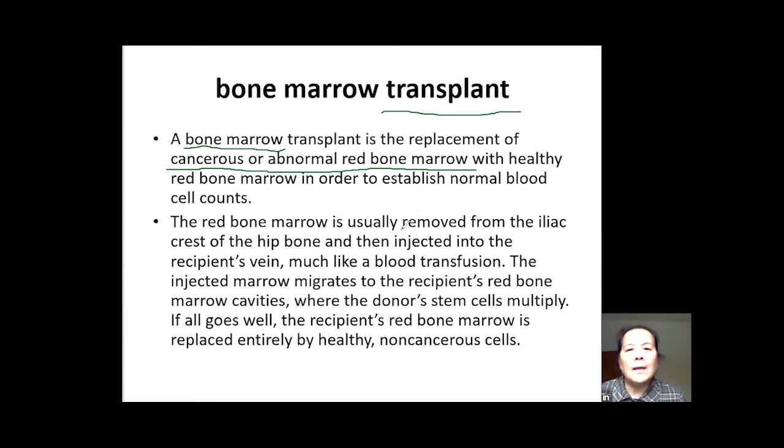So basically we take some bone marrow from, like, the hip bone area, and then inject it into another person's vein, and it will follow the blood circulation. They go to the patient's bones, like flat bones or the head part of long bones.